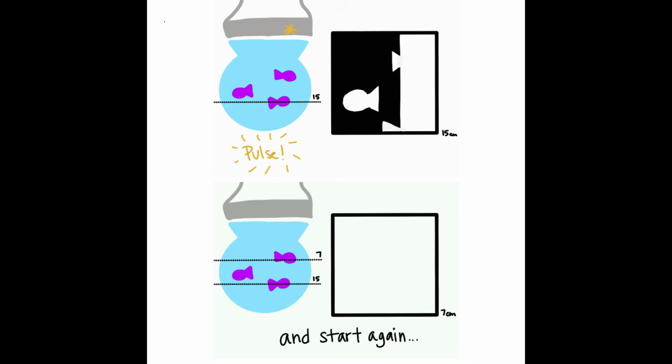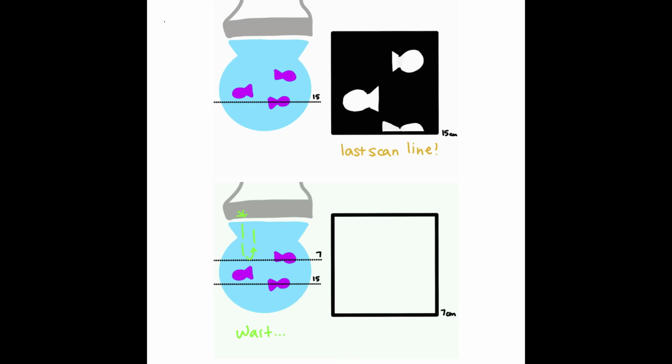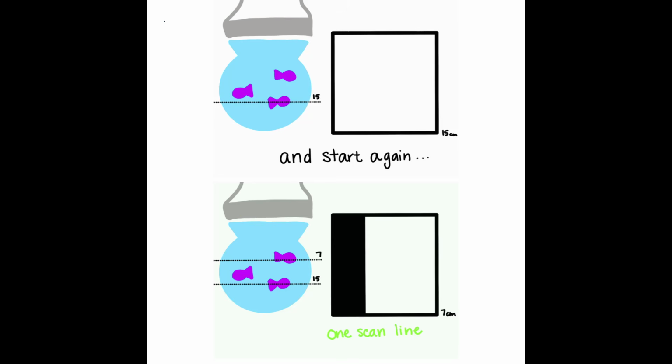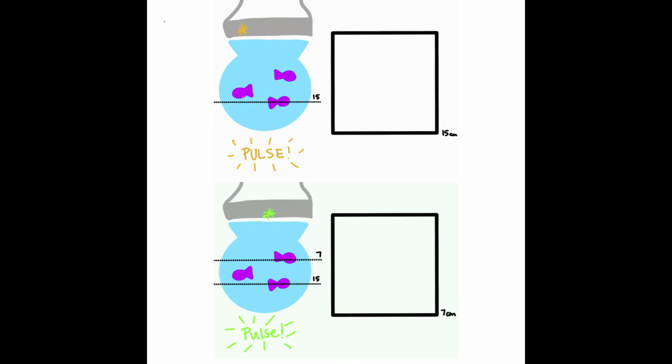If you watch long enough, you'll see that the 7 centimeter depth is creating more images than the 15 centimeter depth because there is less waiting time for that pulse to travel the 7 centimeters and come back.